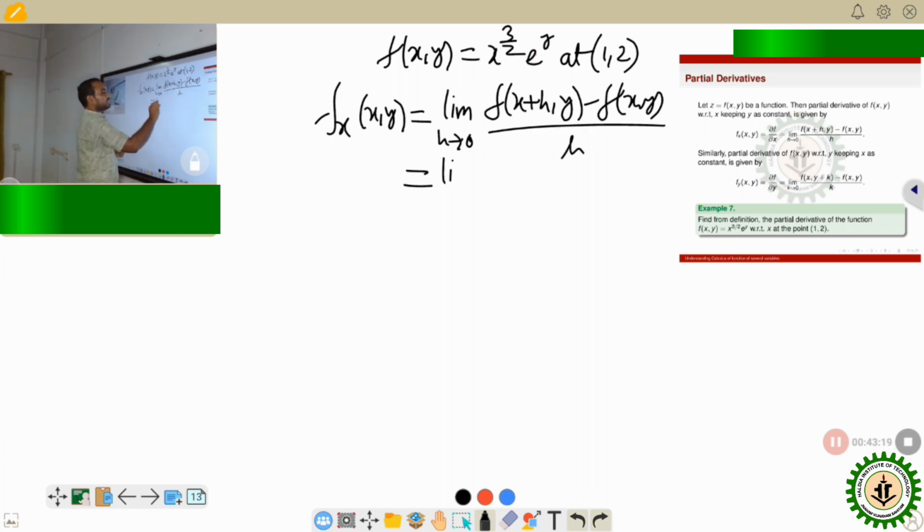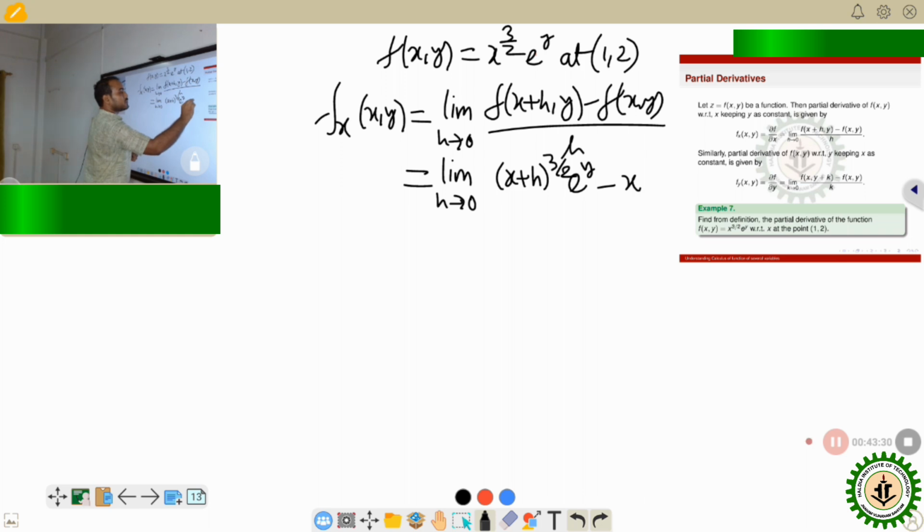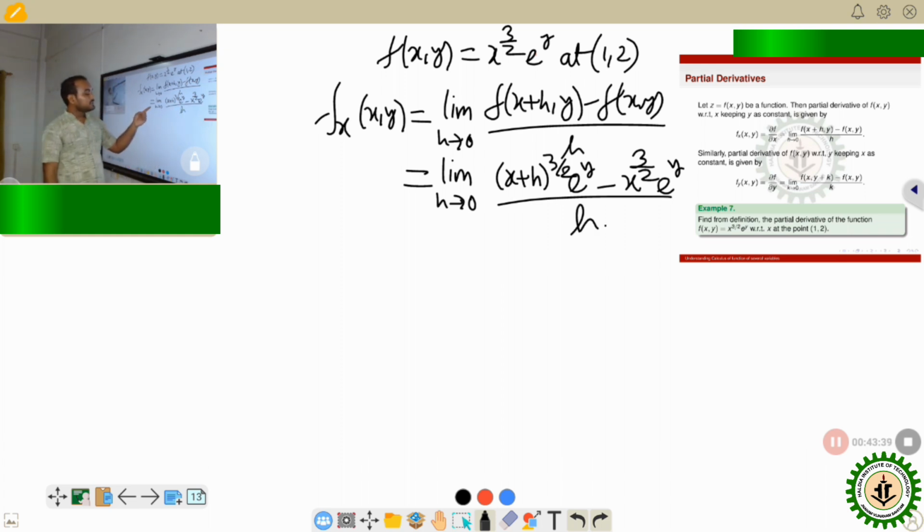So the limit changes to x plus h to the power 3 by 2 times e to the power y, minus x to the power 3 by 2 times e to the power y, all divided by h. Now, if h tends to 0, you check that the numerator is 0 and the denominator is also 0, so you cannot calculate the limit directly because it is of indeterminate form.